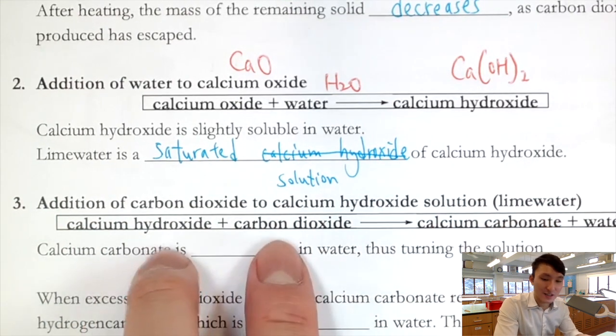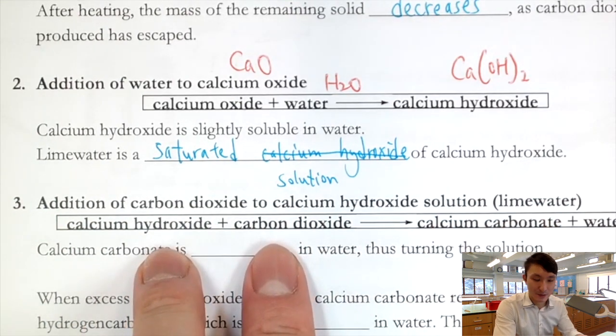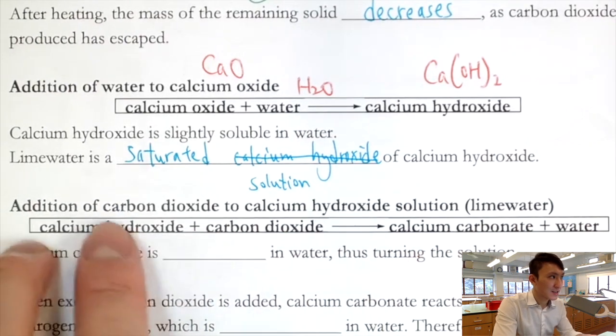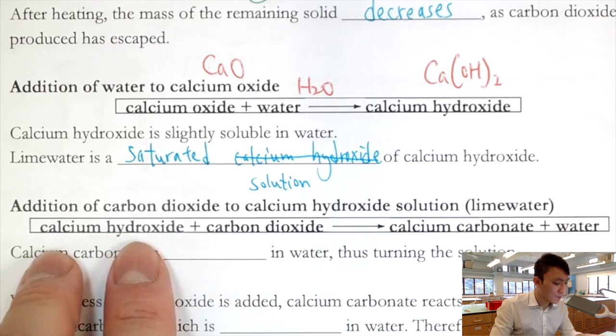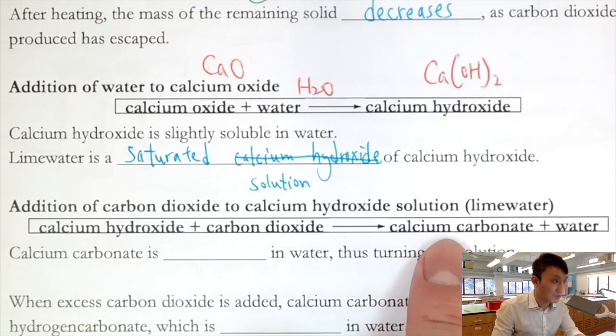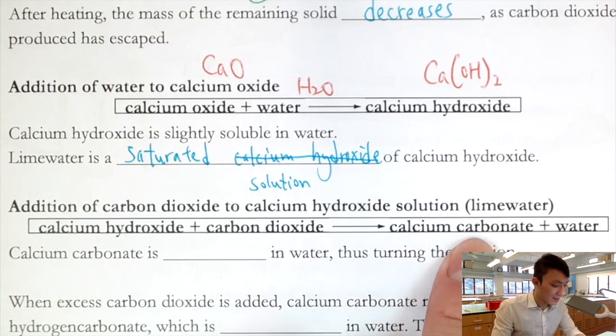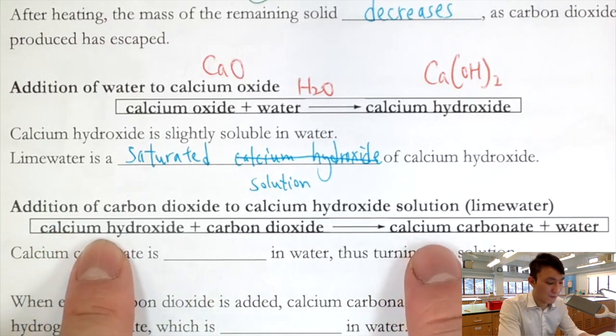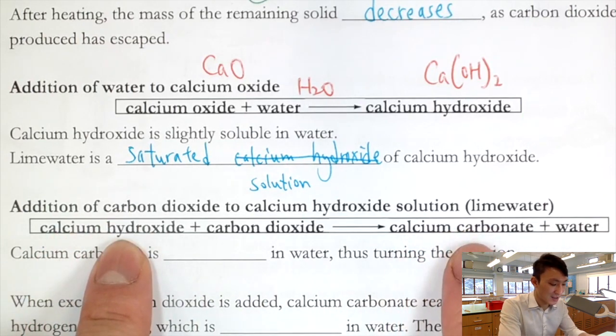Now the reaction is more complicated because this time we have 2 reactants forming 2 products. Let me break it down for you. First of all, calcium hydroxide reacts with carbon dioxide to produce calcium carbonate. So you can think of the calcium compound as having changed from hydroxide to carbonate.